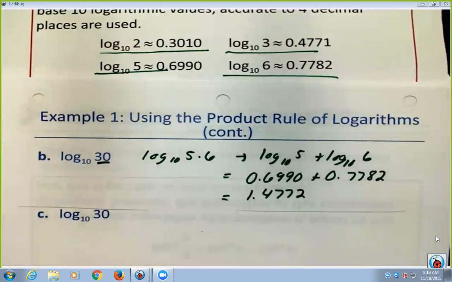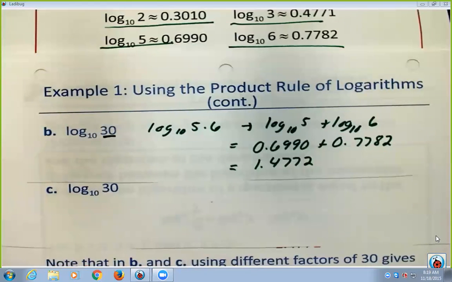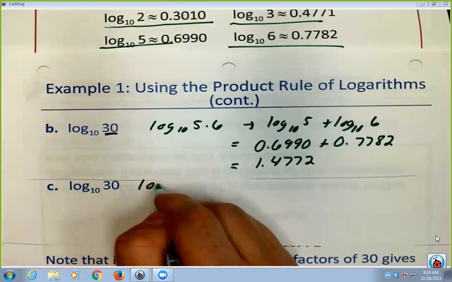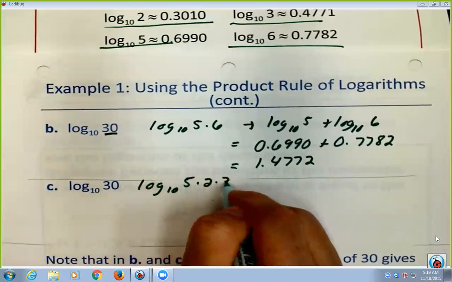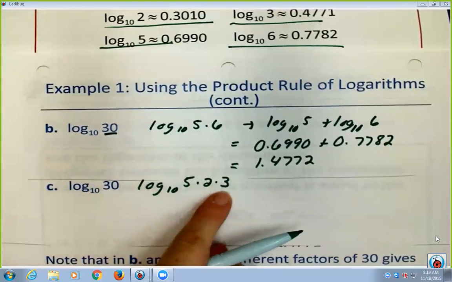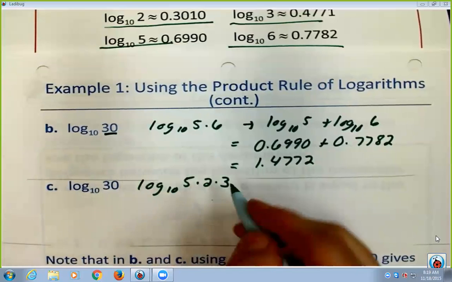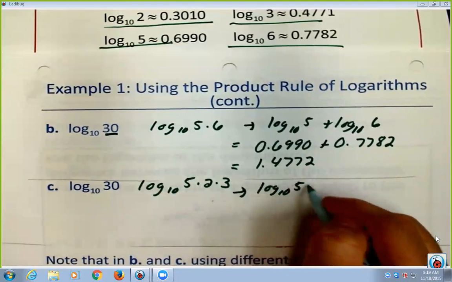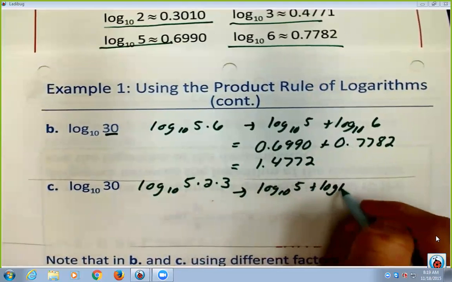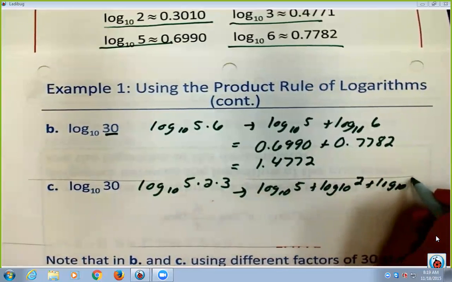So then what did they do? They gave you another one that was log 10 of 30. Because if you look at 6, 6 could have been 5 times 2 times 3. So I could break that down to 2 times 3 to be my 6. If I expand this out, I'm going to have log 10 of 5 plus log 10 of 2 plus log 10 of 3.